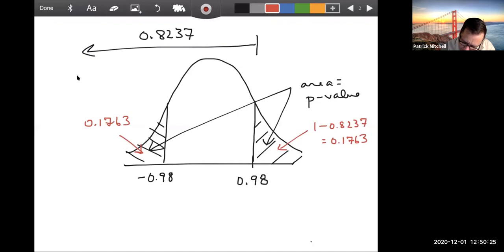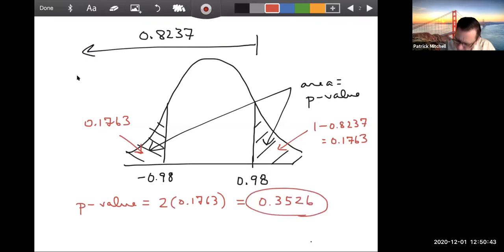That means our p-value is 2 times 0.1763, which is 0.3526.